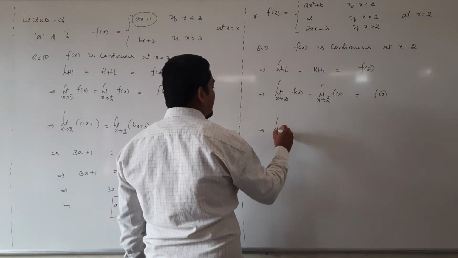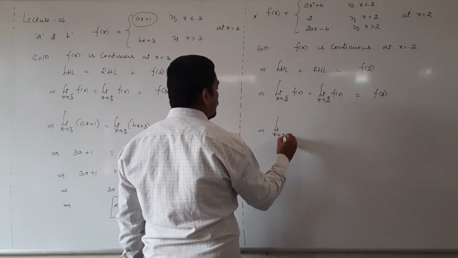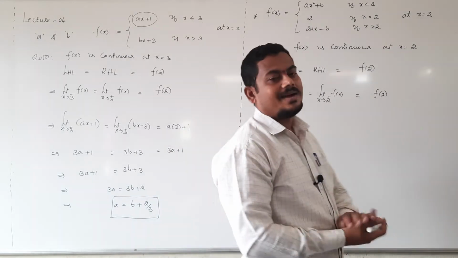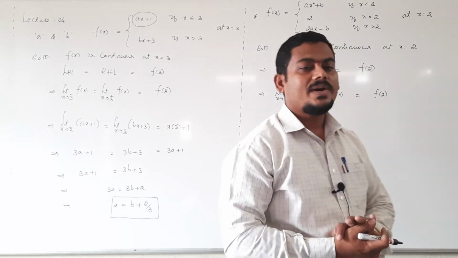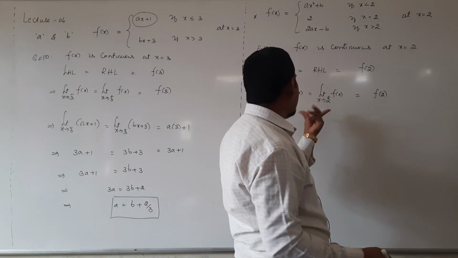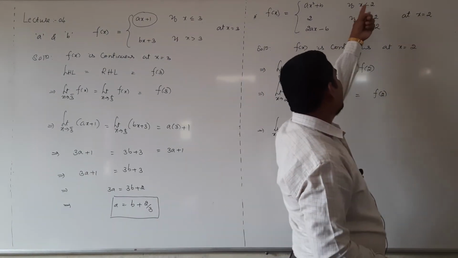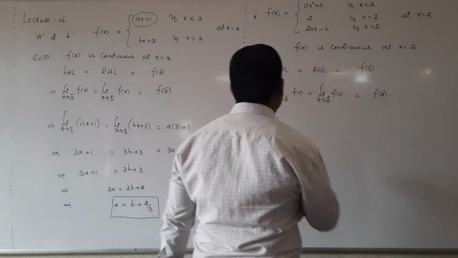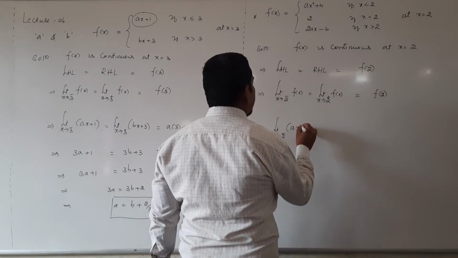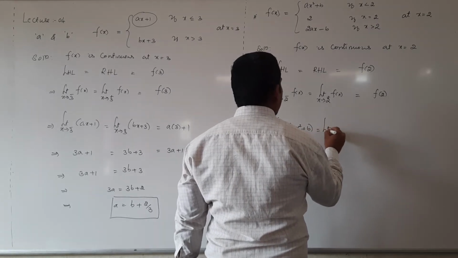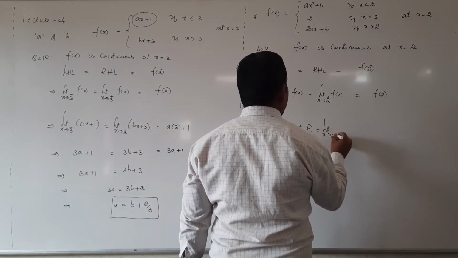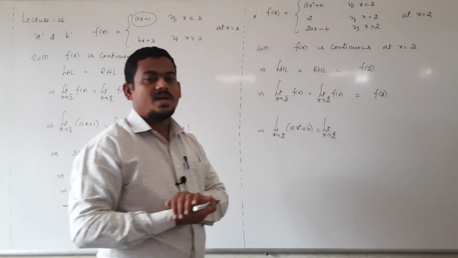Now limit extending to 2 minus, already you know meaning of 2 minus, right? 2 minus means less than 2. Now look at the function, less than 2 means function is ax square plus b, that's equal to limit extending to 2 plus. 2 plus means more than 2.